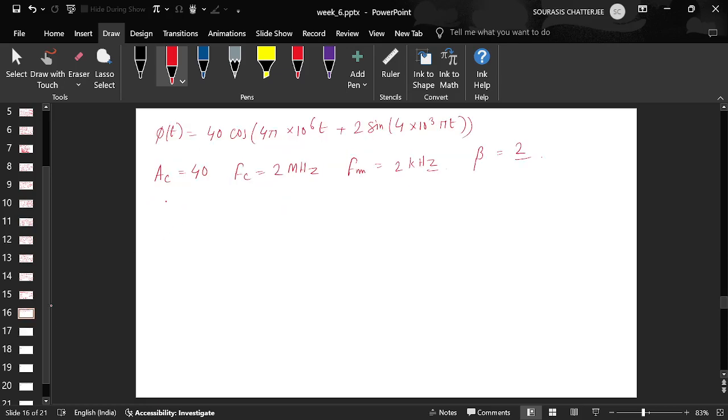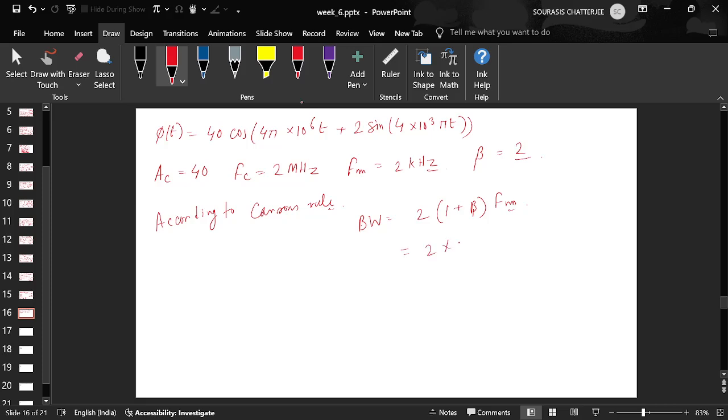So according to Carson's rule, our bandwidth is going to be 2 times (1 plus beta) times fm, right?